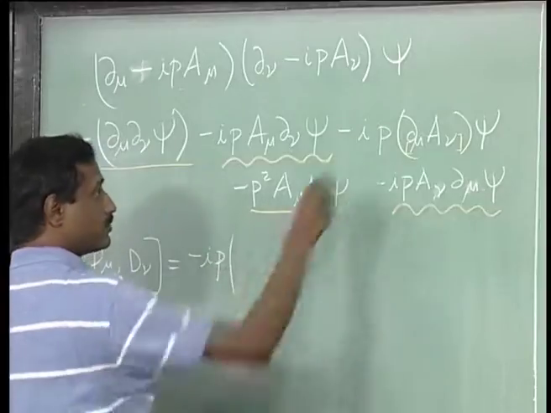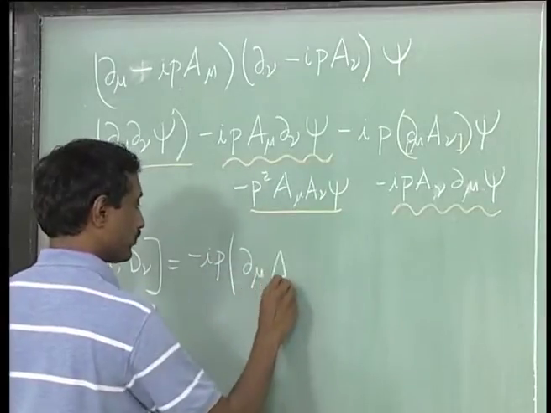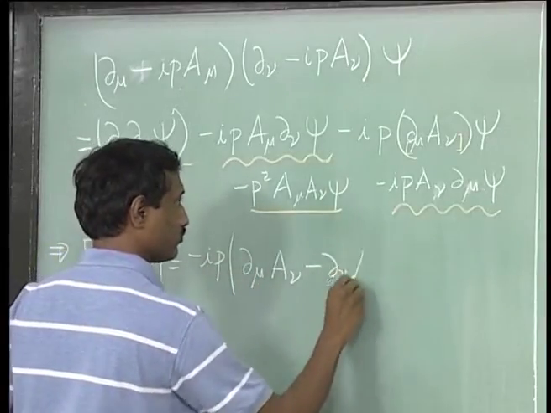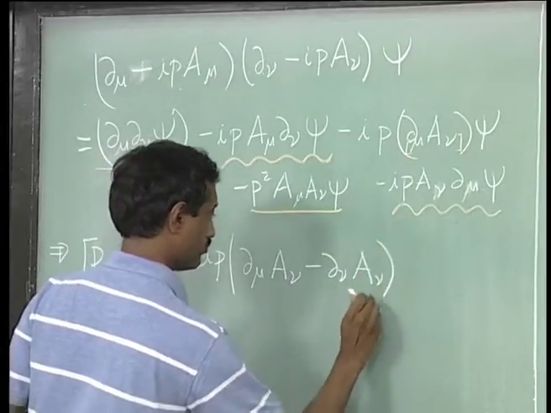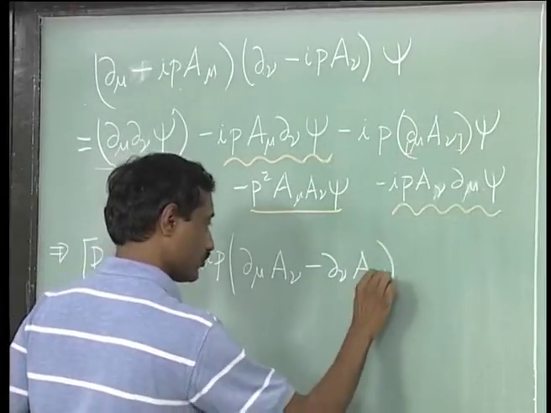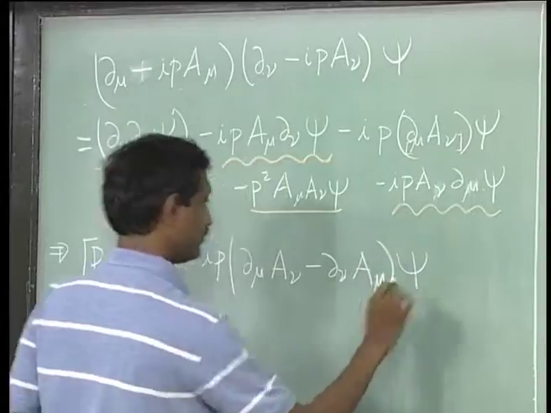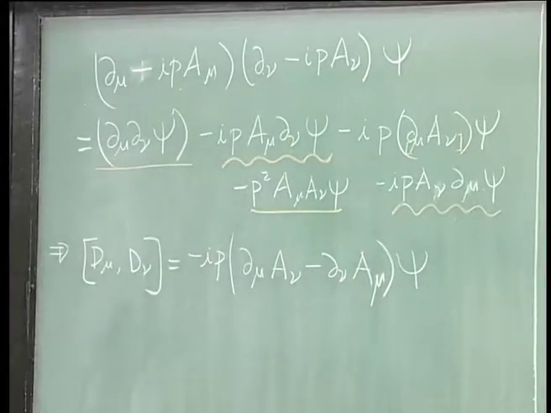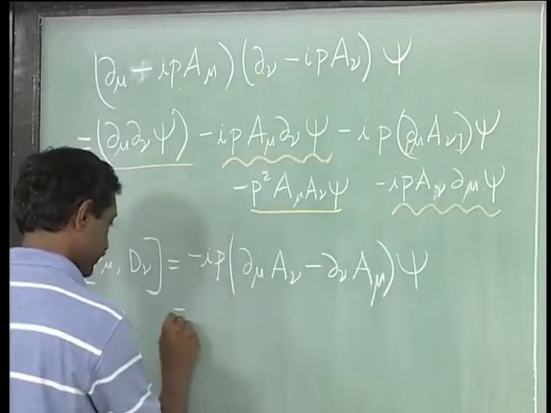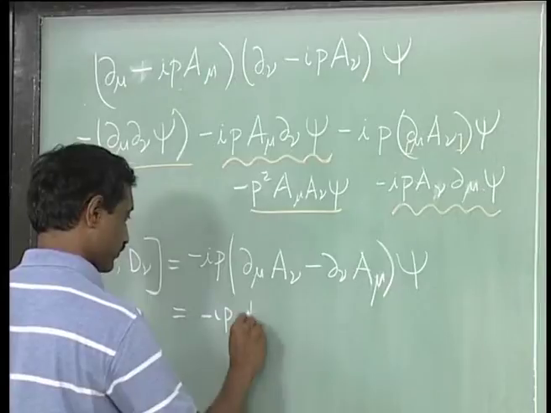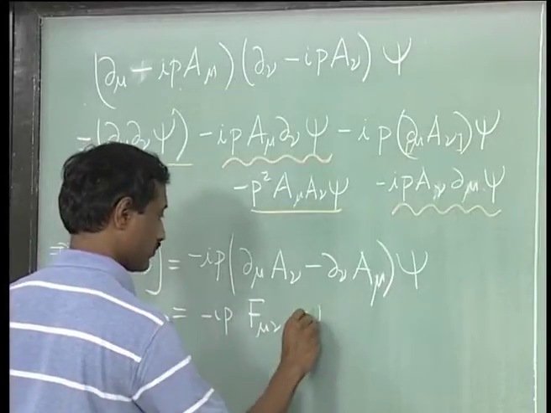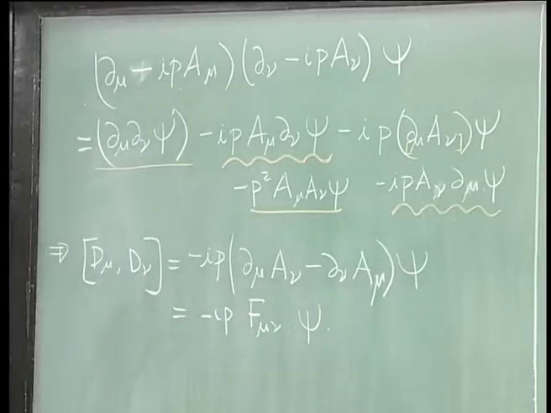and let me now explicitly expand it out. But what is this combination? We have seen this before, it is F mu nu, the electromagnetic field strength. Okay.